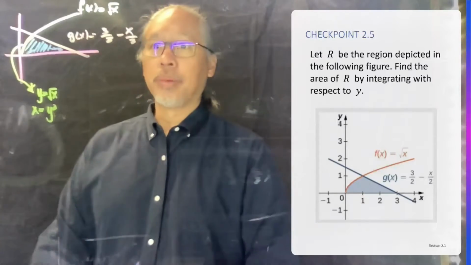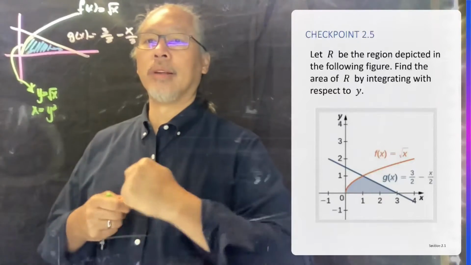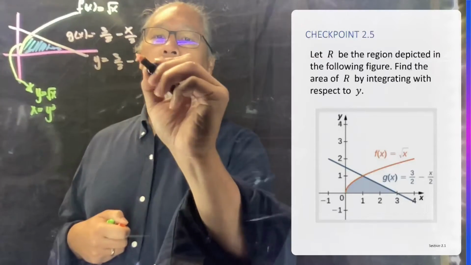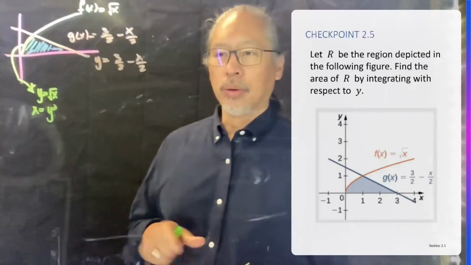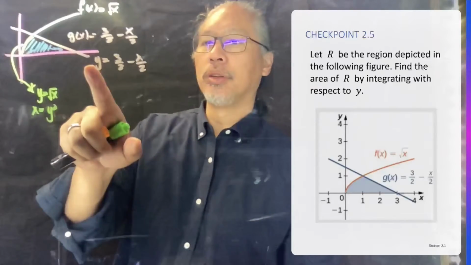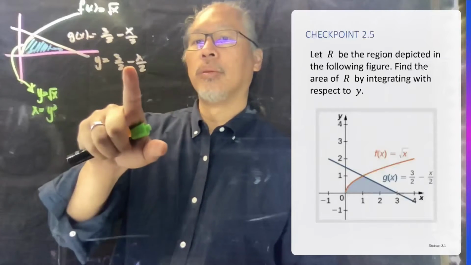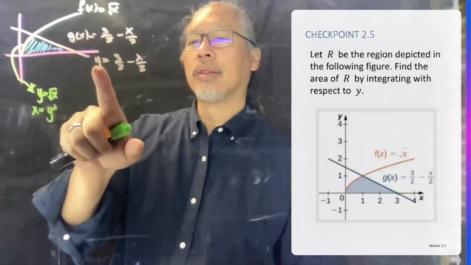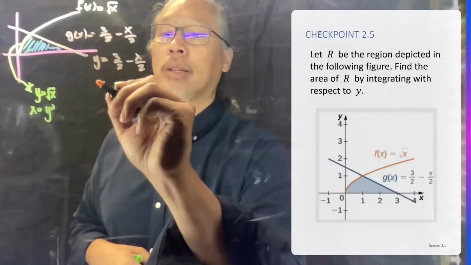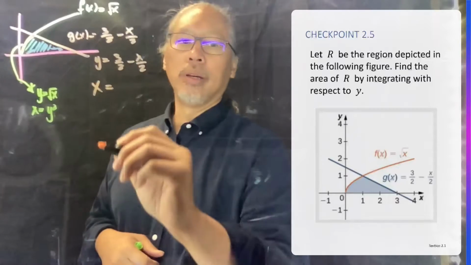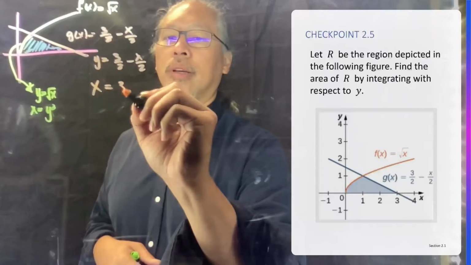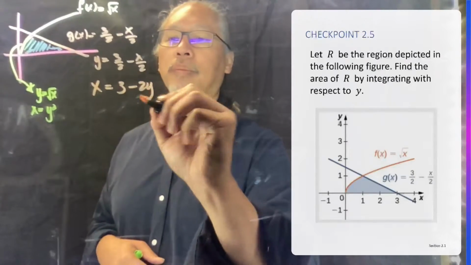Now the first function is up here, which is right now written as y is equal to 3/2 minus x over 2. And so what we want to do is solve for x. Let's multiply both sides by 2, so it'll be 2y, and then we'll subtract the 3, so that's 2y minus 3, and then we have to switch signs to get x by itself. So x is equal to 3 minus 2y.